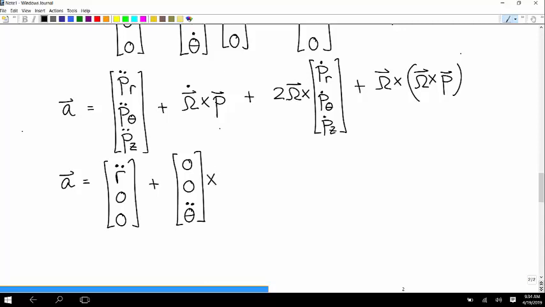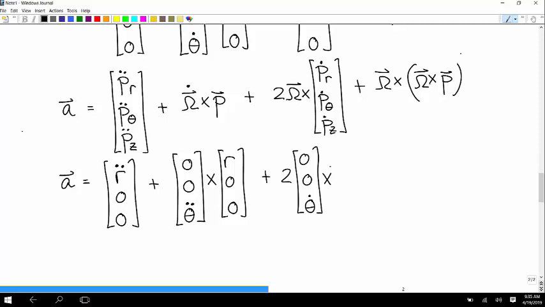And we're going to cross that with the position vector, which is r, 0, 0. And then we have 2 times the vector 0, 0, theta dot crossed with r dot, 0, 0.